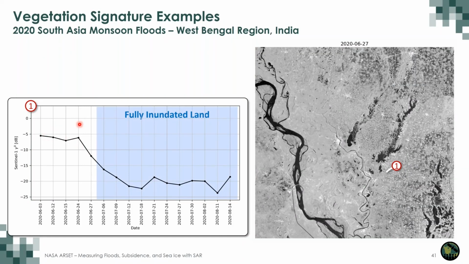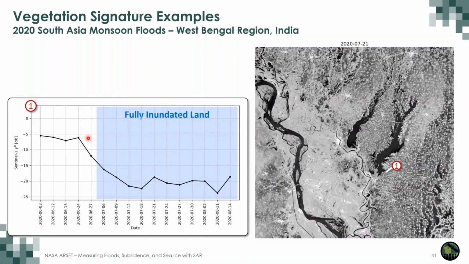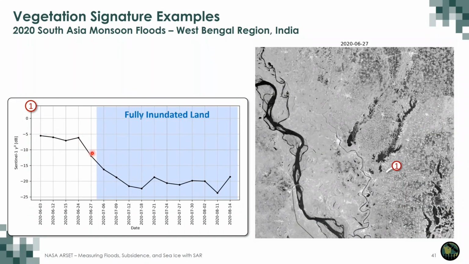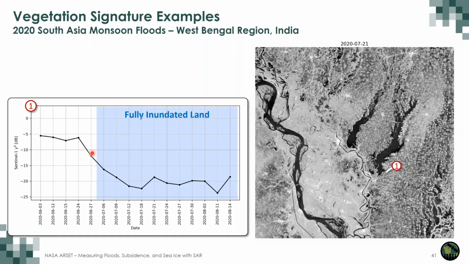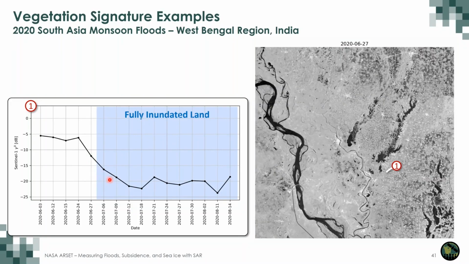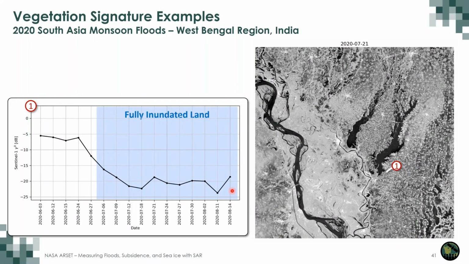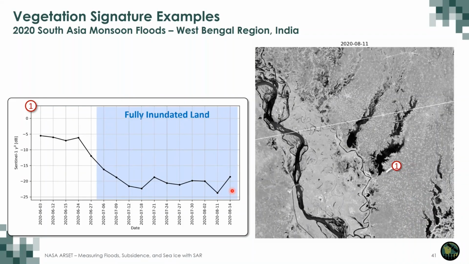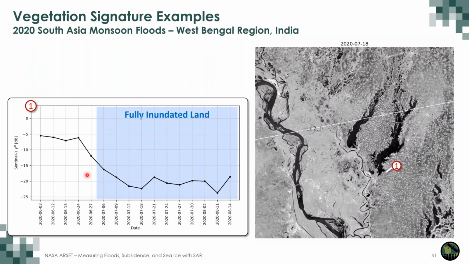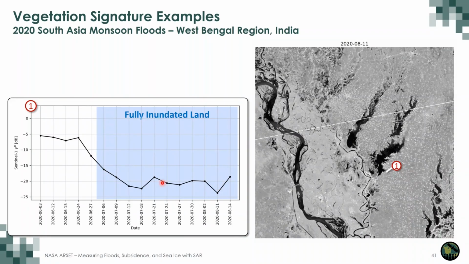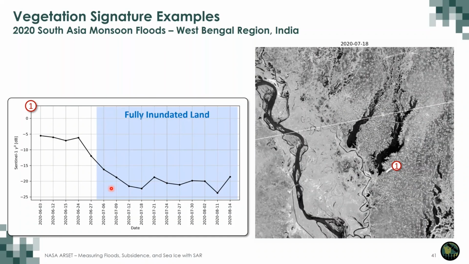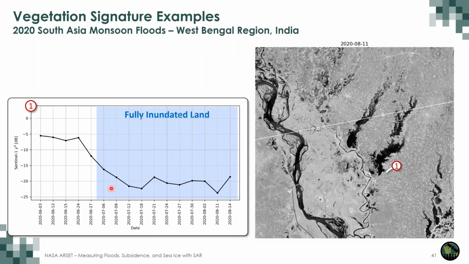This is the before flooding radar brightness on the very left. And as rainfall sets in, more and more of this pixel becomes flooded and inundated with water. And at a certain point, this entire pixel is inundated, and you get much darker scattering from the specular reflection you get from the inundation. So you could not only identify this pixel as being flooded, but you could also roughly draw a line at which time step this pixel was completely inundated.